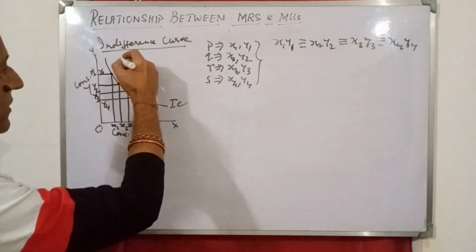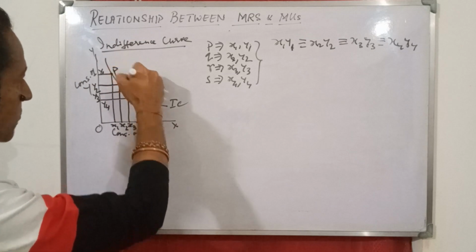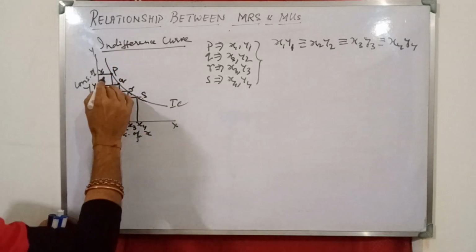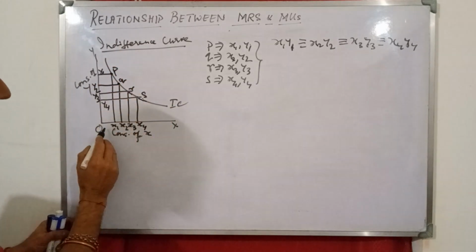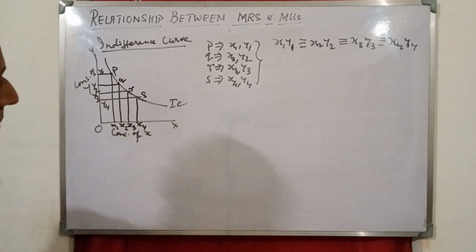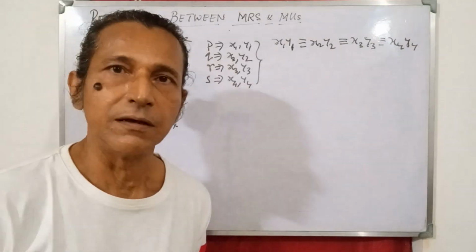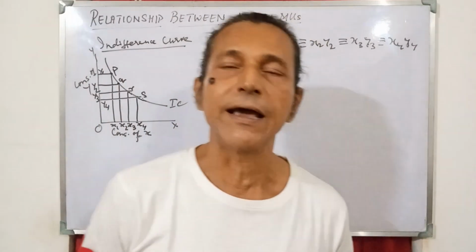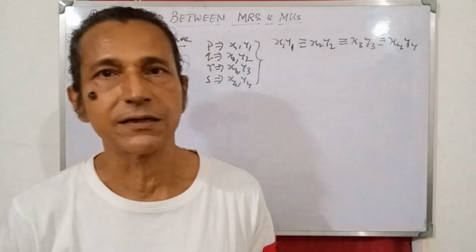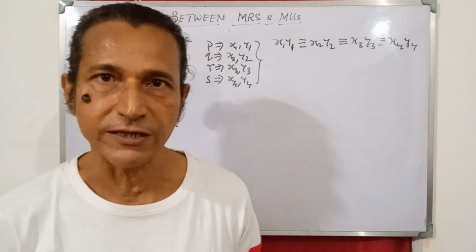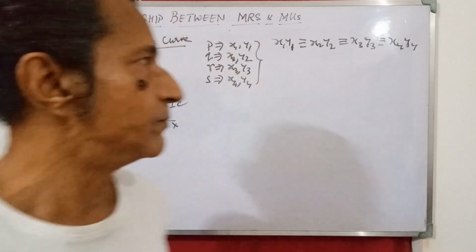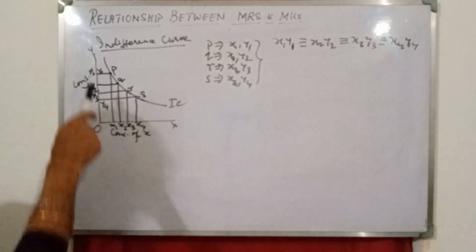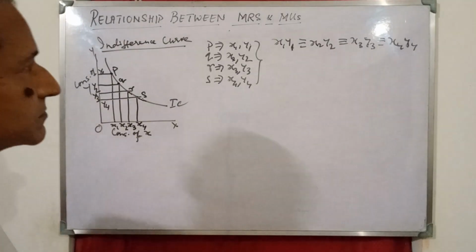Here, as the consumer is moving down from point P to point S, his consumption of Y is falling, whereas his consumption of X is rising. If one commodity is consumed more, then the consumption of another commodity has to be sacrificed so that the consumer remains indifferent between all those combinations.